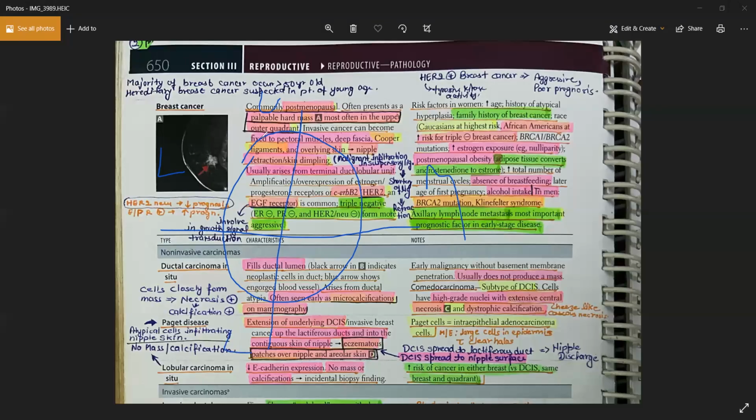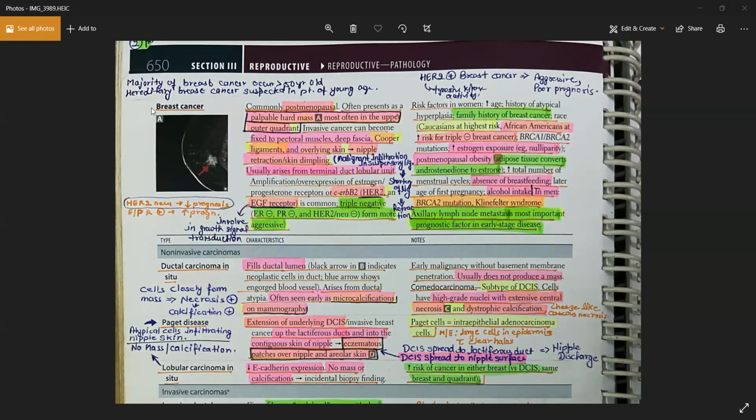Most of the time the cancer arises in the outer and upper quadrant. Whenever you encounter this patient, they will tell you they have a hard lump in the outer upper quadrant of the breast, and that is highly suggestive of breast cancer.